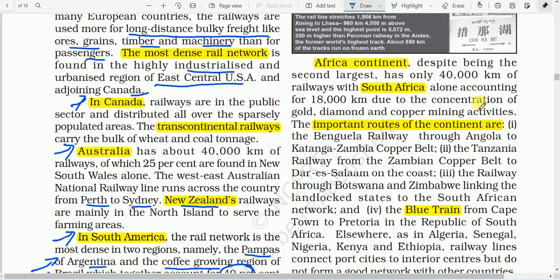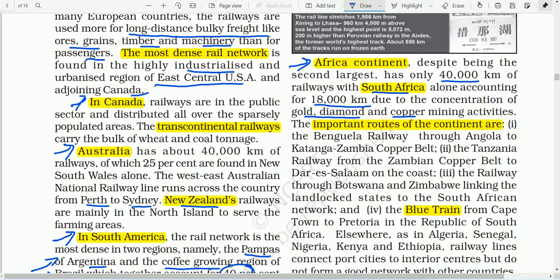And Africa, despite being the second largest continent, has only 40,000 kilometers of railway, with South Africa alone accounting for 18,000 kilometers due to concentration of gold, diamond, and copper mining activities.